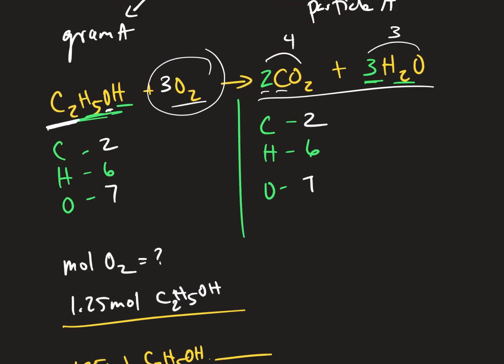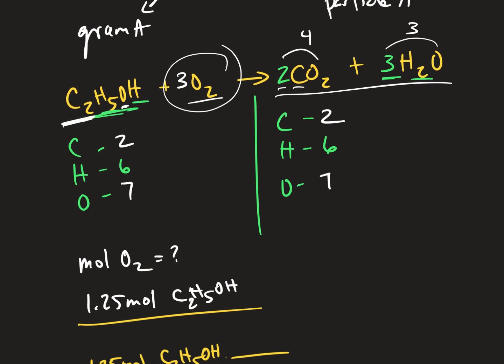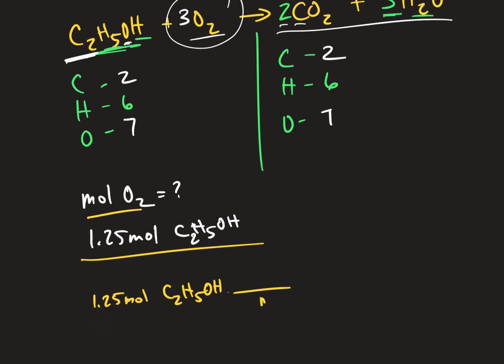And we look at the mole roadmap. We start at either moles A or moles B. And we want to go to moles of a different substance, so we're just doing the mole-to-mole ratio. That's it. Moles of C2H5OH. Are you following me, or am I just talking and doing it myself? How you feeling? Okay. Seeing some nods. I'm not seeing any head shakes, so we're good. Moles of O2 on top, because that's what we're looking for.